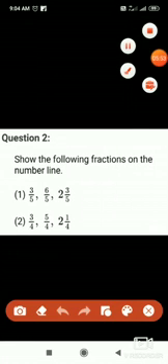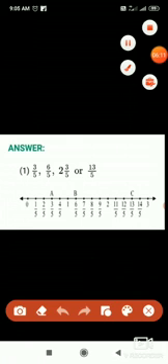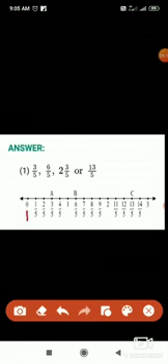Then second question: show the following fractions on a number line. Here we are given fractions, 2 examples, and we show them on a number line. Students, in the first example, there is a denominator of 5. So we divided into 5 equal parts. See students, this is 0 and 1.